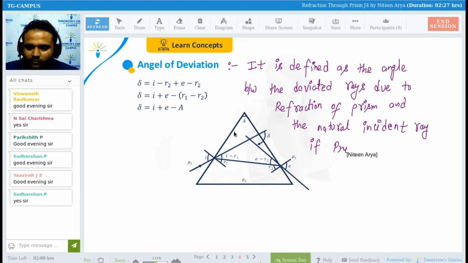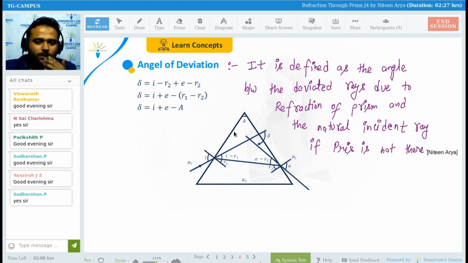What is happening in this? If the prism is not there, as you can see, it is very easy, very normal to understand.